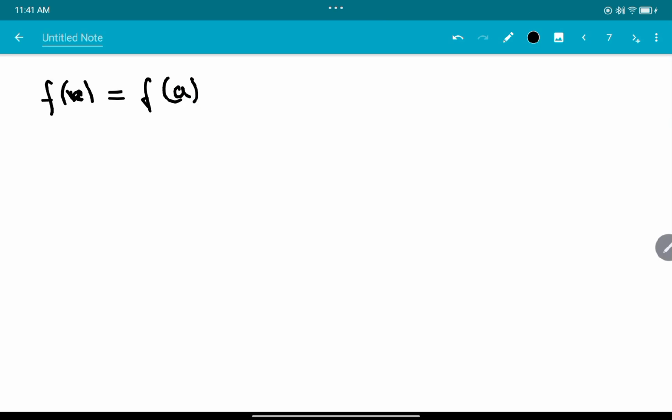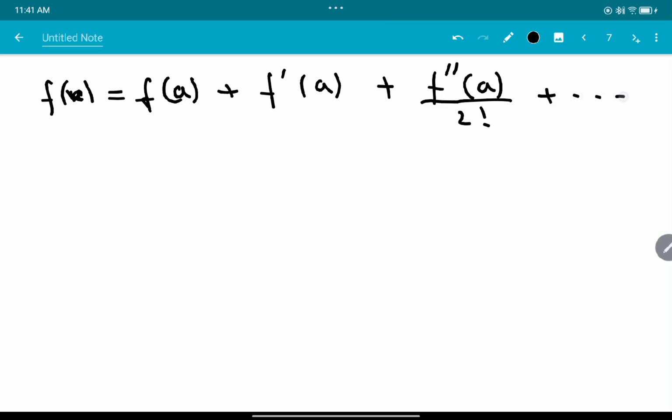Some people write the last term as the n minus 1 term, some write the nth term. So if you write the nth term as the last term, then you will get f(a) plus f'(a) plus f''(a) divided by 2 factorial plus, and so on.